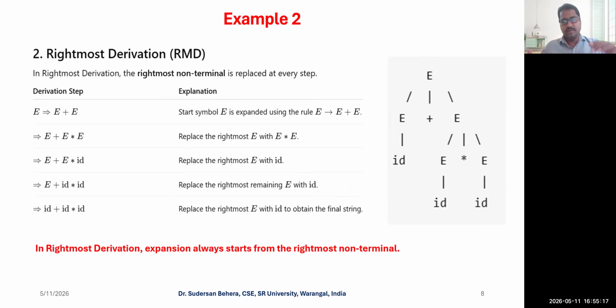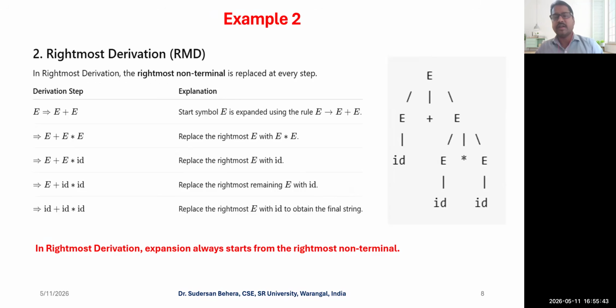Your reading is from left to right, but the replacement is from right to left. So the leftmost E, as the replacement process is right to left, is automatically treated as the rightmost variable and gets replaced with ID. Finally you got ID plus ID into ID.